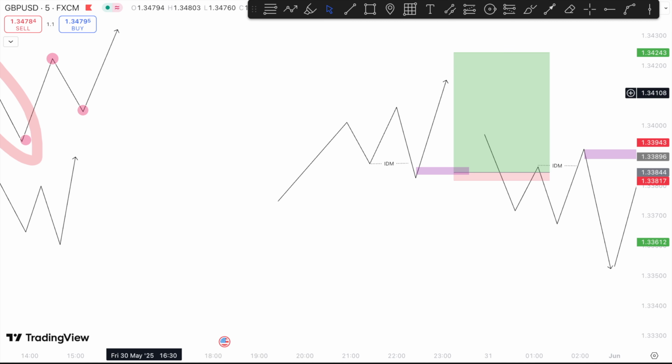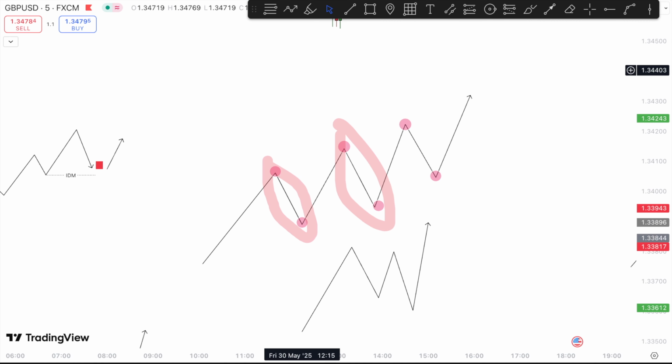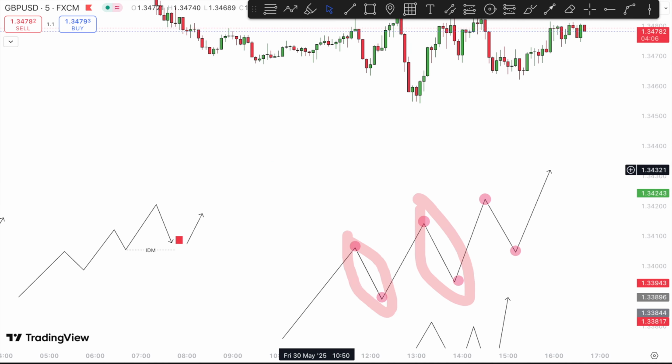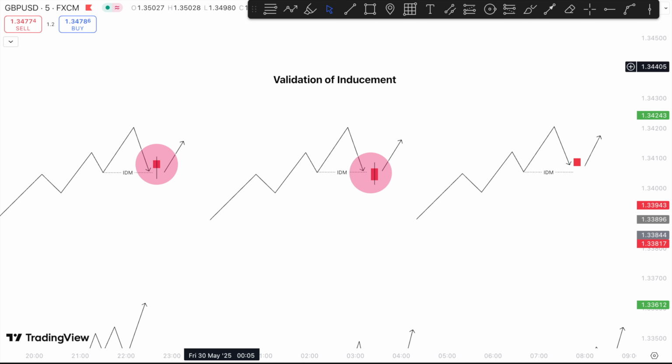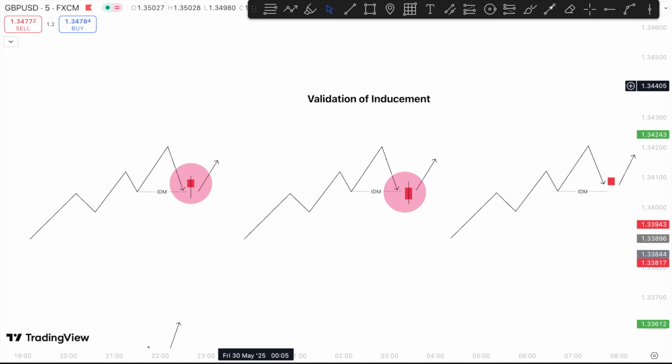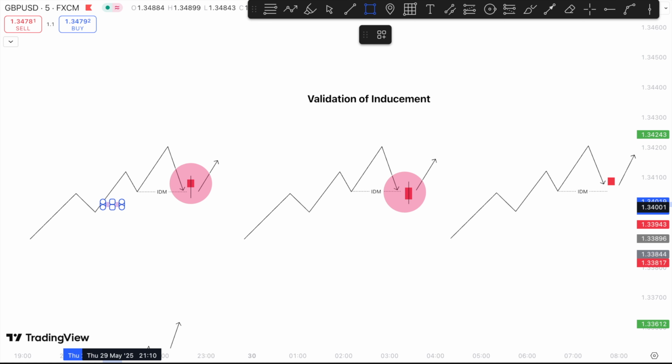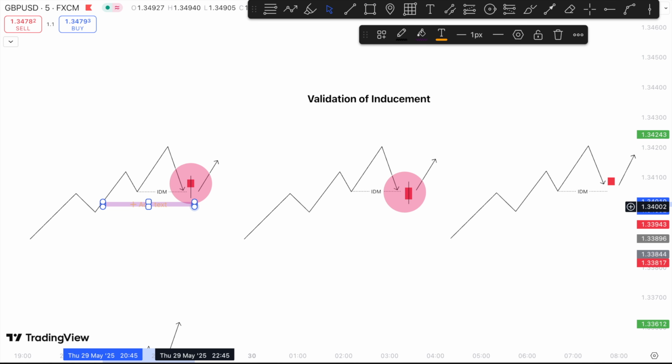One pro tip, this is advanced inducement or advanced order block. Any order block that is above the inducement has a high probability of being reactive, or you can say it has high chances of giving rejections and reactions from that zone. Suppose we had an order block below this inducement, and the market came down to tap this order block after taking the inducement.